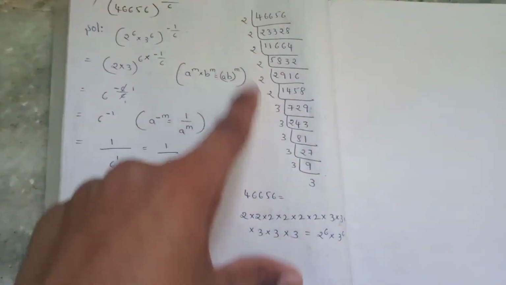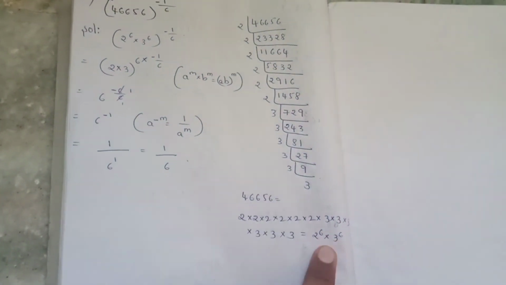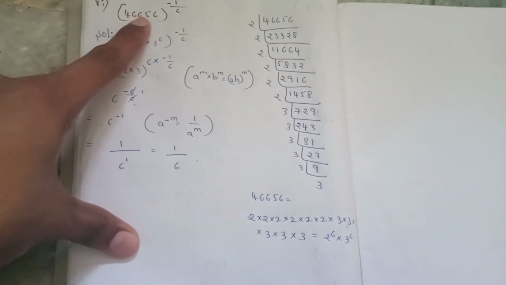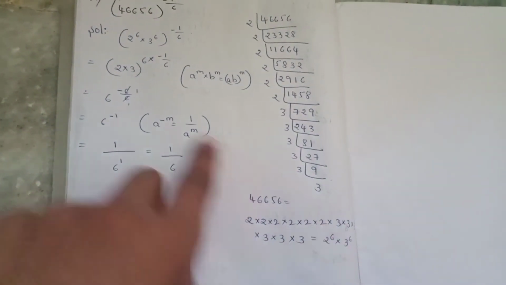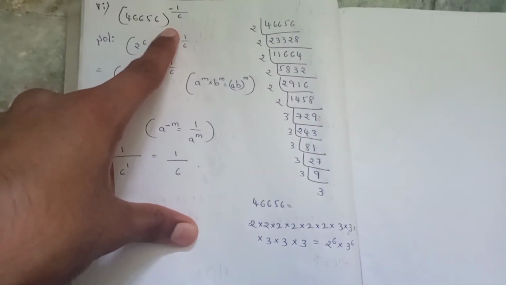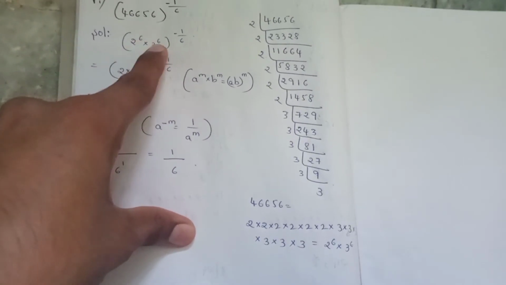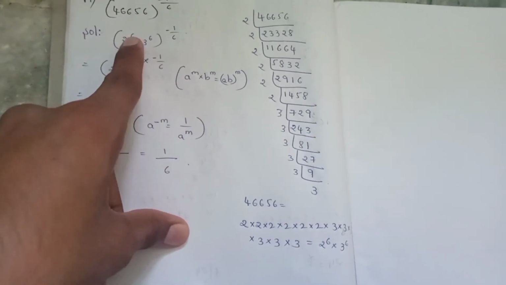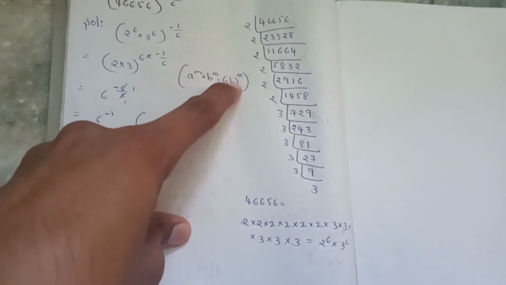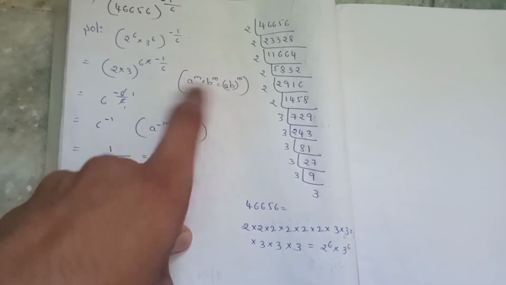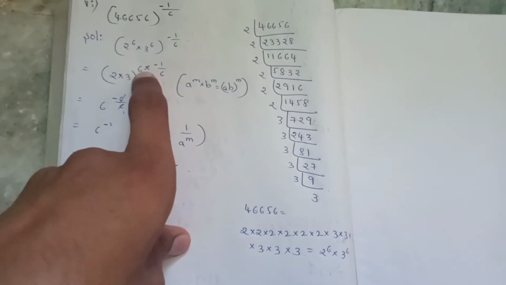3 power 6. See, count this and write this. 2 power 6 into 3 power 6. How can we write 46656 as 2 power 6 into 3 power 6? Power minus 1 by 6. See here, same powers are present. a power m into b power m, we have to combine it and write the power once: ab whole power m. 2 into 3 whole power 6.